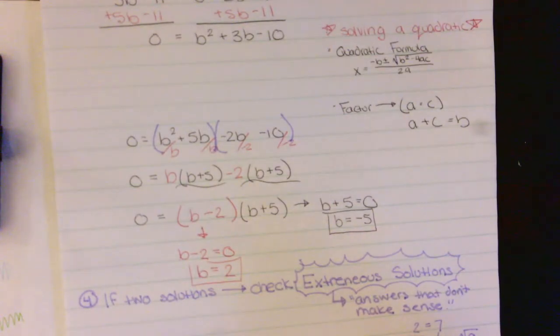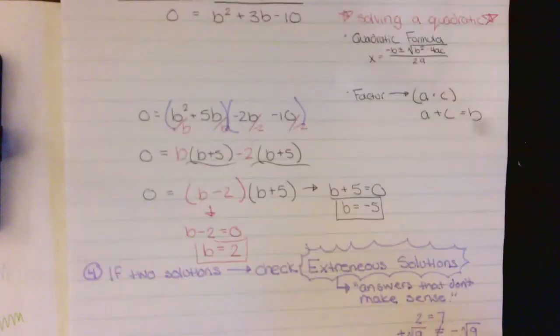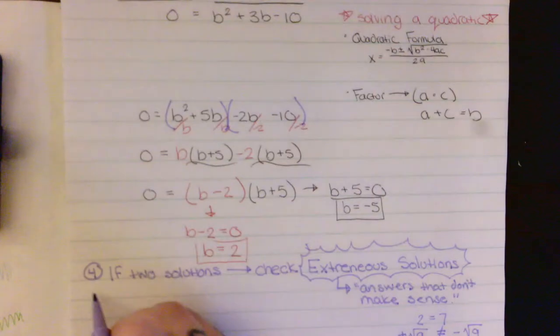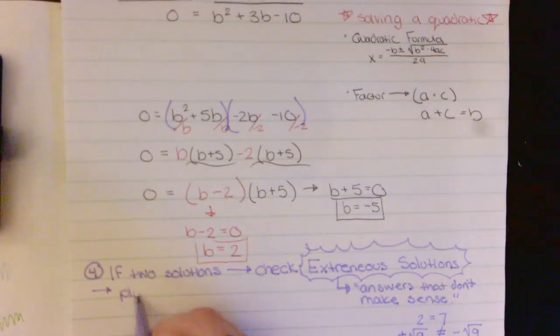Principal, I think it's with an A, roots only. So that means square root of 9 equals only positive 3. Sorry, my pen moved. Okay, so to check, we need to plug both solutions into the original equations.